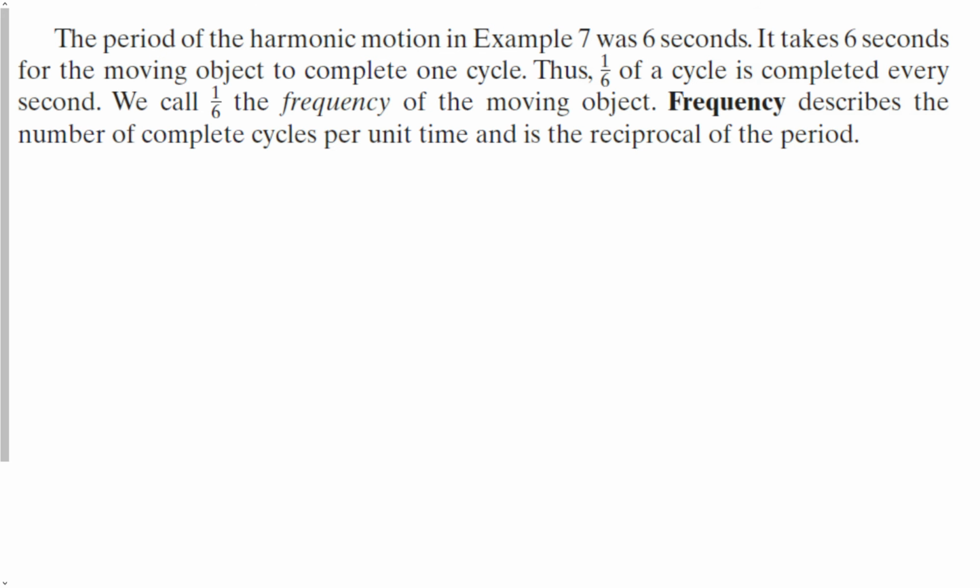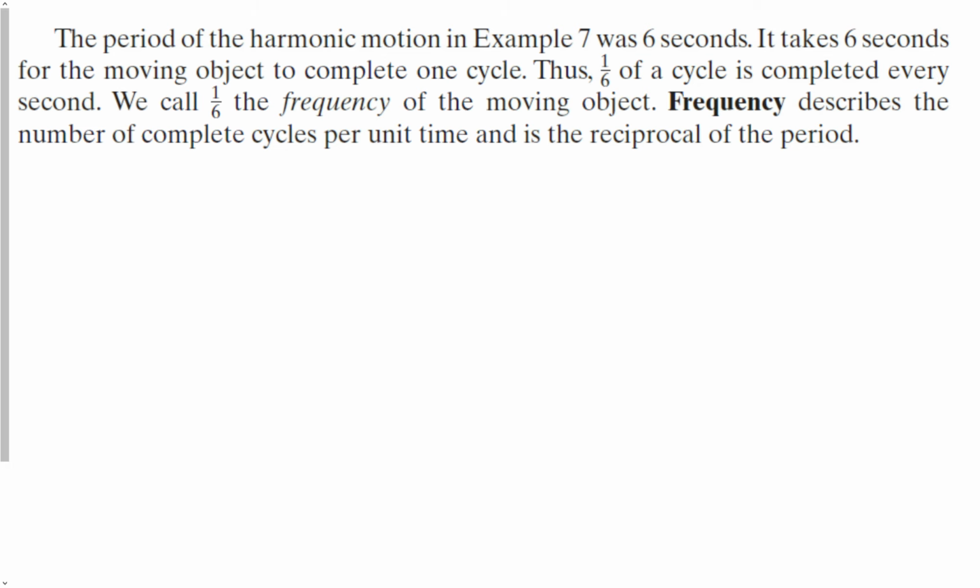We'll finish with something called frequency. Frequency is just the inverse of period. Okay, so the period of the harmonic motion in the last question was 6 seconds. It takes 6 seconds for the moving object to complete one cycle. Thus, 1/6 of a cycle is completed every second, and we call that the frequency.